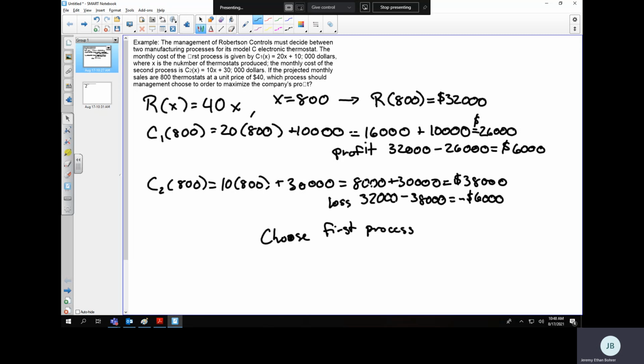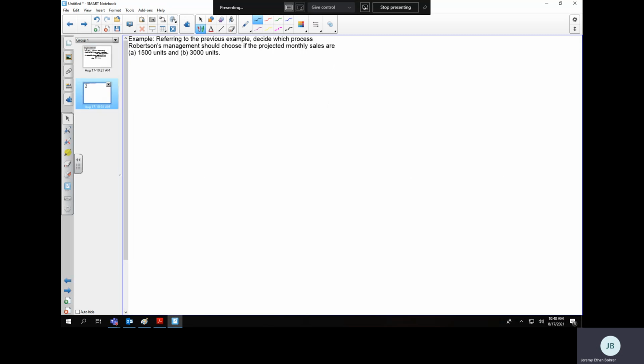Okay, so moving on, let's look at the second problem. Referring to the previous example, decide which process Robertson's management should choose if the monthly sales are 1,500 units and 3,000 units. So, we can set up our profit function now.